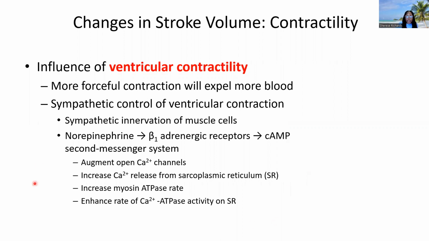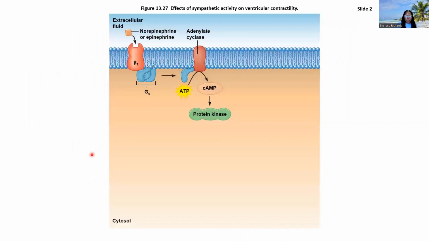These four factors, and we'll describe them in more detail coming up, all help to work towards increasing the contractility of the heart muscle. So let's look at each of these individually.